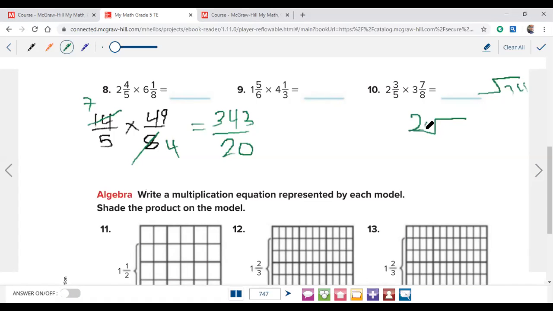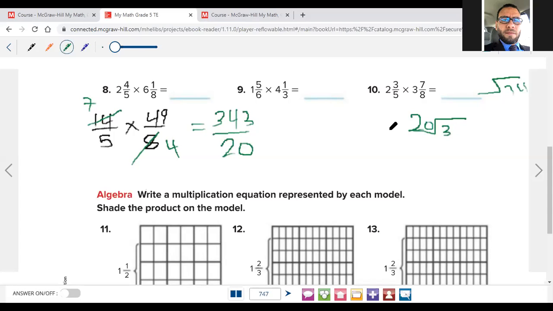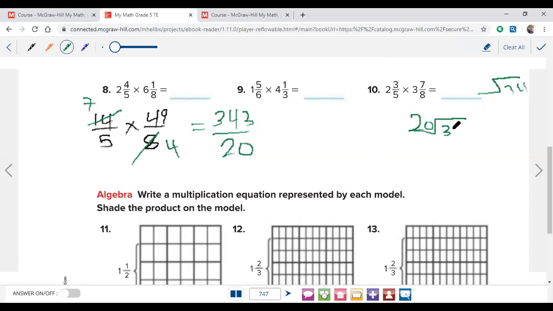I have this 20 dividing 343. Okay, I can start by taking 2 digits because my divisor is 2 digits. 34 divided by 20, which is closer to 1.